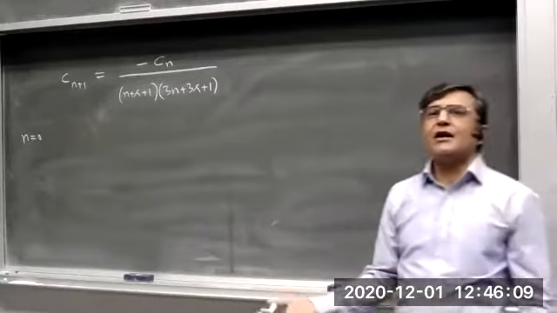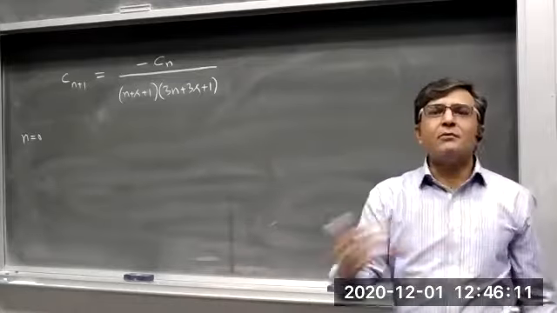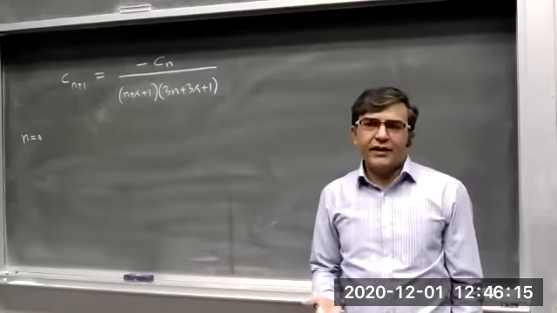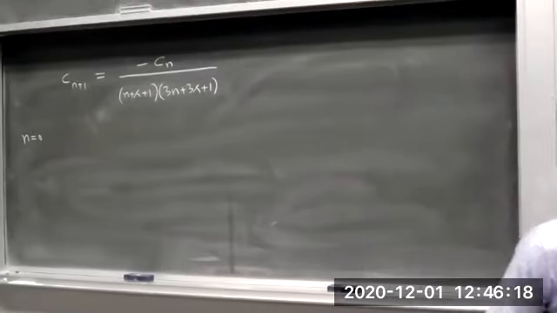Otherwise, all the coefficients, by using this recurrence relation, will become 0 and we'll get the trivial solution, which we are not interested in. I hope you get it.